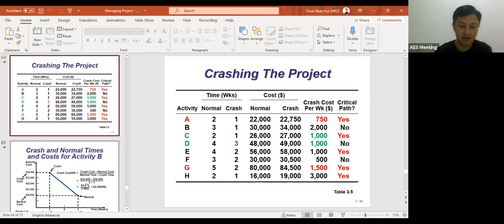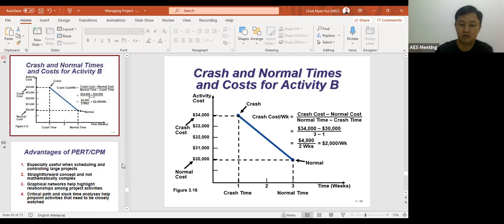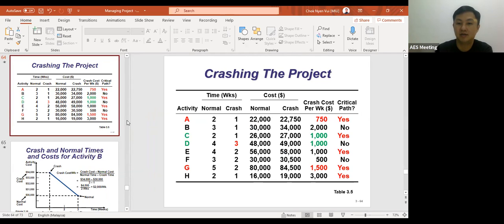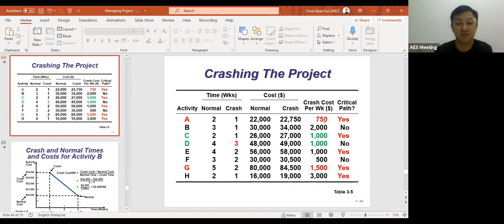Obviously, we can say that activity A is better because activity A here gives us 750. That is the lowest cost per period here. So that is what you need to include, this 750.